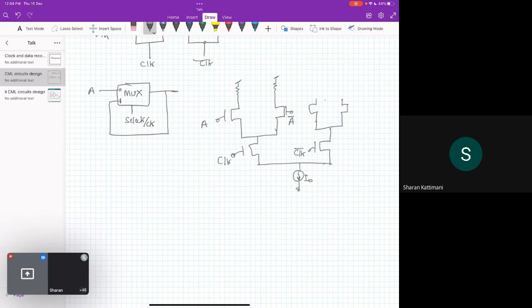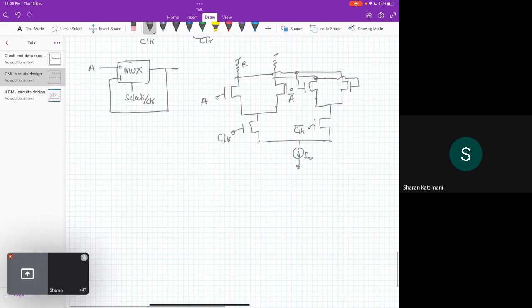Okay, and now the second input should be connected to the output. Okay, so that is why, and it is of opposite logic. Okay, so this is the output. So let me connect this and this first. Okay, and now you will connect here and you connect here, something like this. Okay, so this is the latch that we designed.